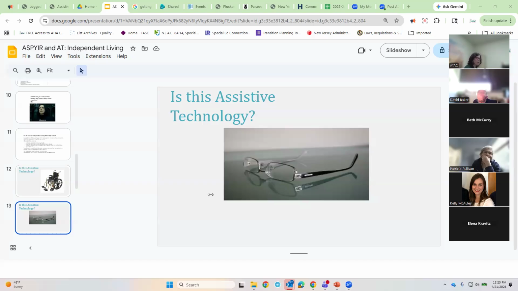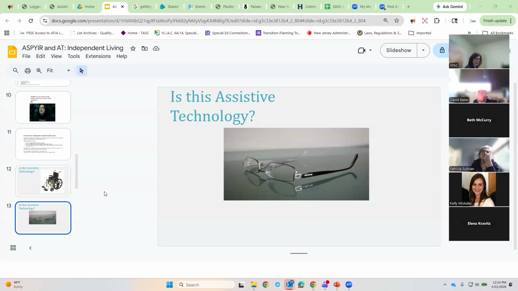Many people do not realize that they are using assistive technology in day-to-day life. That's why some of these images and tools are, you know, not controversial, but the answer that's indicating no, because they're available to everyone, it makes you think, right?